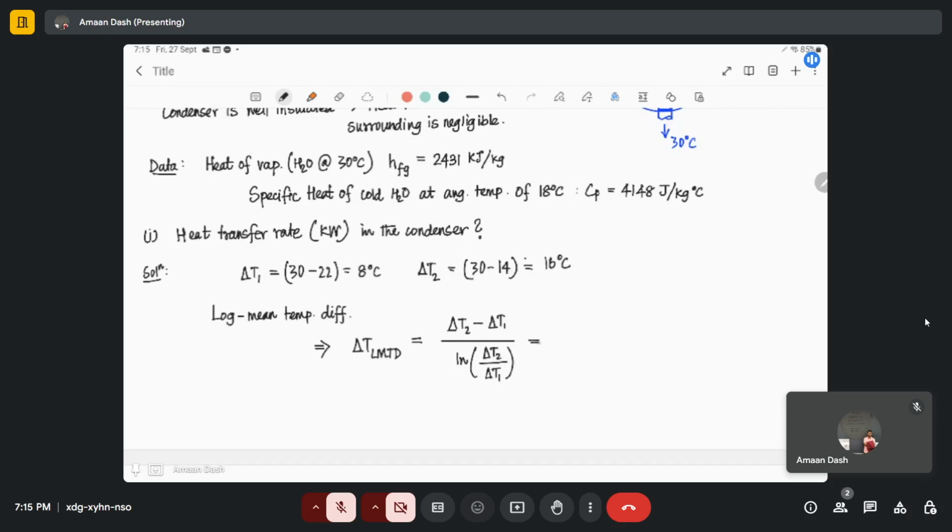So this is equal to 16 minus 8 divided by ln of 16 divided by 8, that is 2. If you calculate, you will get 11.5 degrees Celsius.